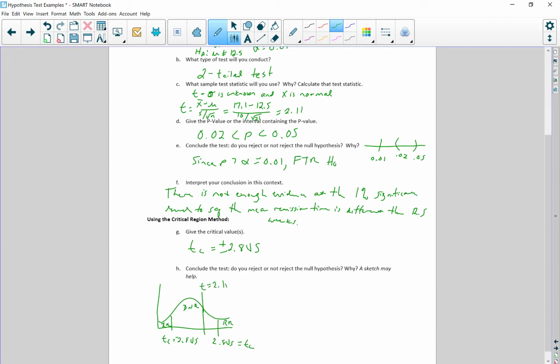So it's less than 2.845 and above the mean. Because it lies in the do not reject region, we fail to reject. Again, the exact same conclusion we drew with p-value. And that's all there is to hypothesis testing.